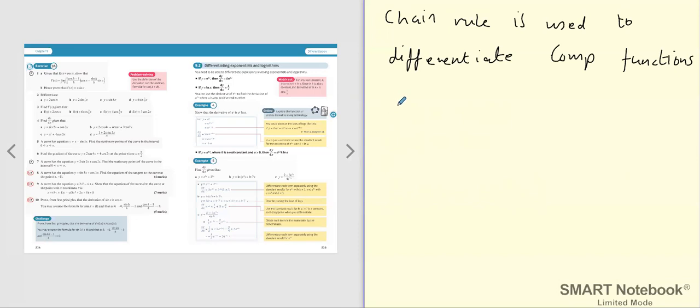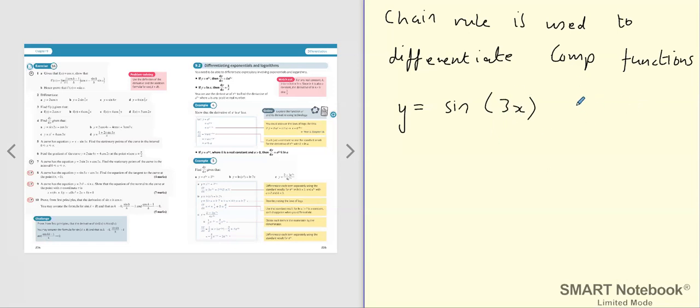Now, let's look at y equals sine 3x, for example. That's what we started off with. This is causing a problem because I've got a 3x here instead of a normal x. We know how to differentiate sine x, that wouldn't be a problem. But this is a 3x.